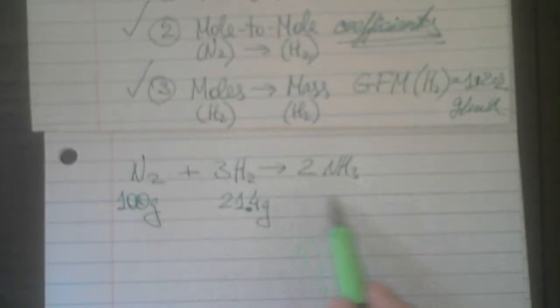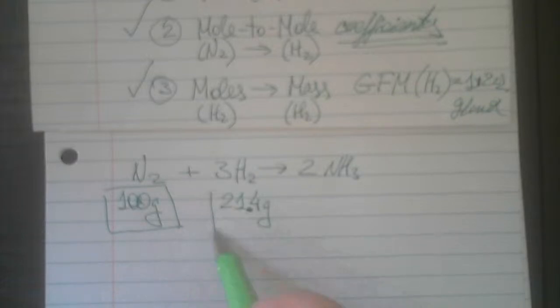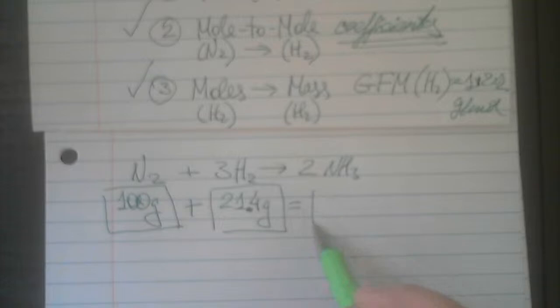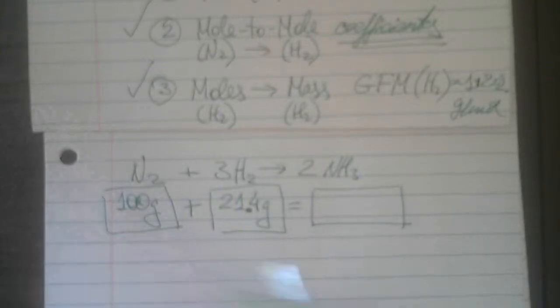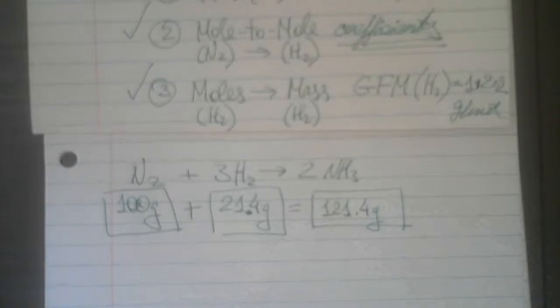We can use the law of conservation of mass to calculate the mass of NH3, because the mass of all the reactants should add up to the mass of all the products. So over here, we're looking at 121.4 grams.